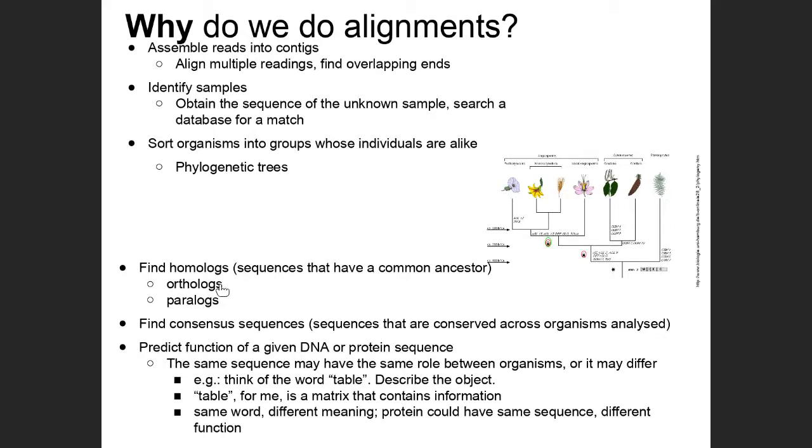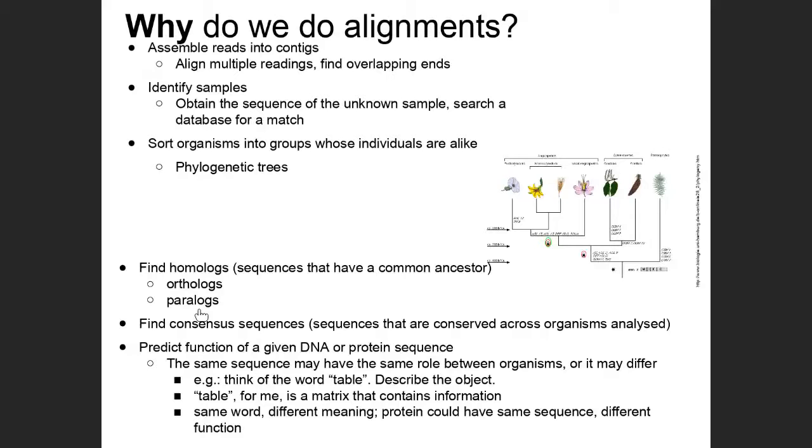So for orthologs, you are comparing a homolog in one species against a homolog in another species. And those two species have some ancestor in common, and that's why both of them have that sequence. So when you're looking at orthologs, you are looking at whether that sequence exists in different species.